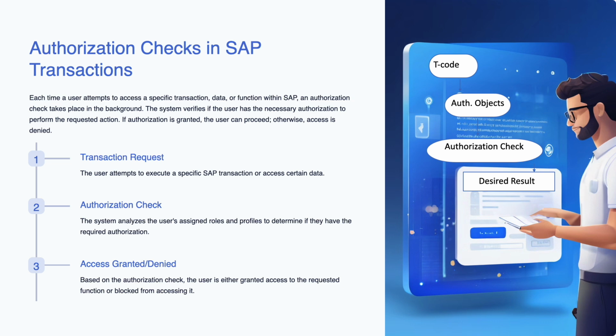Second one is authorization check. The system performs an authorization check by analyzing the user's assigned roles and profiles. This step determines whether the user has the necessary permissions to perform the requested action.